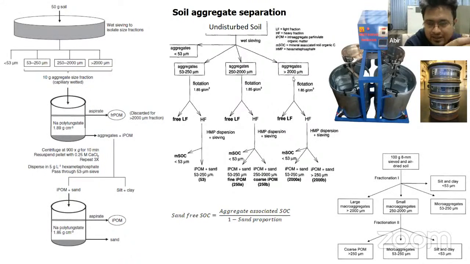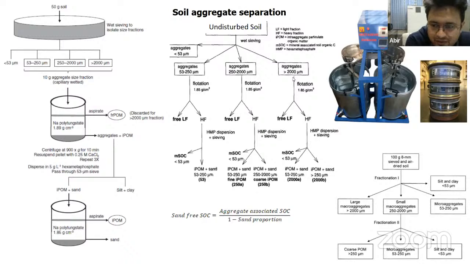The soil on the 1 millimeter sieve, from 250 micron to 1 mm, is the small macro aggregates. And then the 53 to 250 micron fraction is known as micro aggregates. Whatever comes in less than 53 micron is basically your silt or clay particles, because below 53 there will be no aggregation obviously.